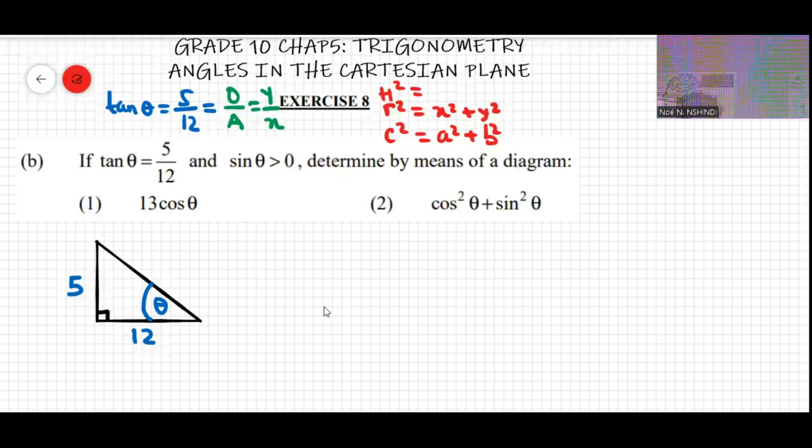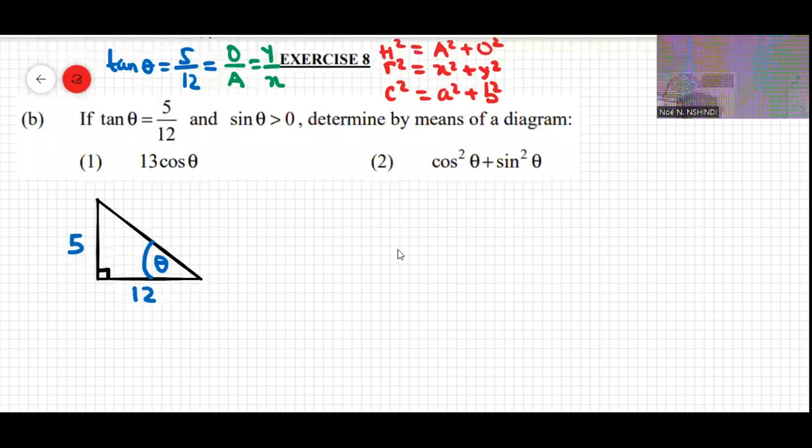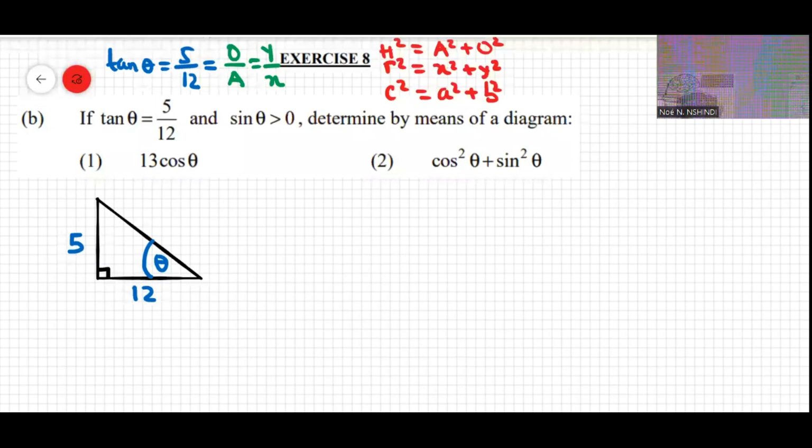Okay, h² is equal to the adjacent side squared plus the opposite side squared. So all this talks about the Pythagoras theorem. Now we can find the hypotenuse by using that formula.